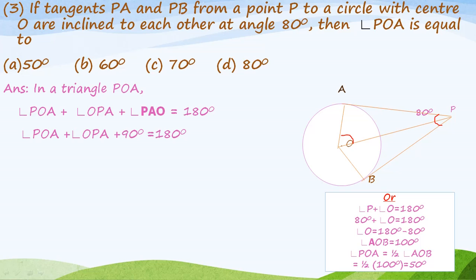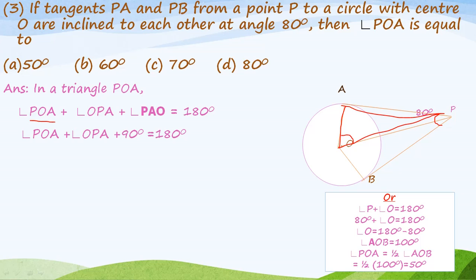In this case, triangle POA. The sum of the three angles in a triangle is equal to 180 degrees.